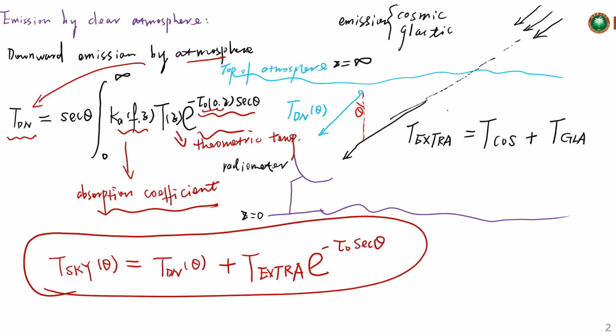So that means in the atmosphere we have some other hydrometeors inside of it. There are many hydrometeors inside of it.